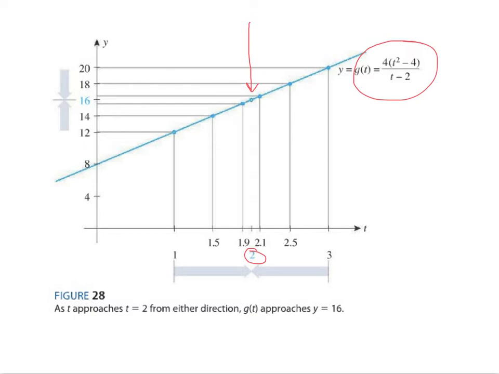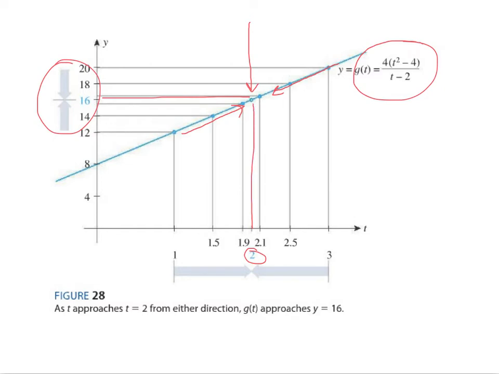So what we do is we look at what's happening from the right and from the left. And we see if it's heading toward a y value. And as you can see, it is heading toward a y value. It's heading toward the y value of 16, just like we showed when we showed you the data in the table.